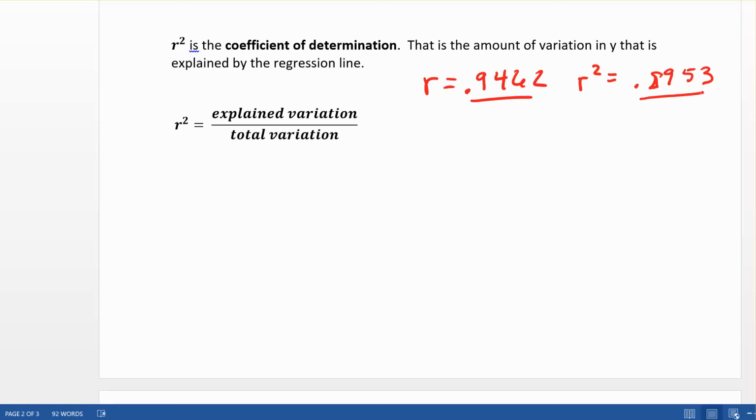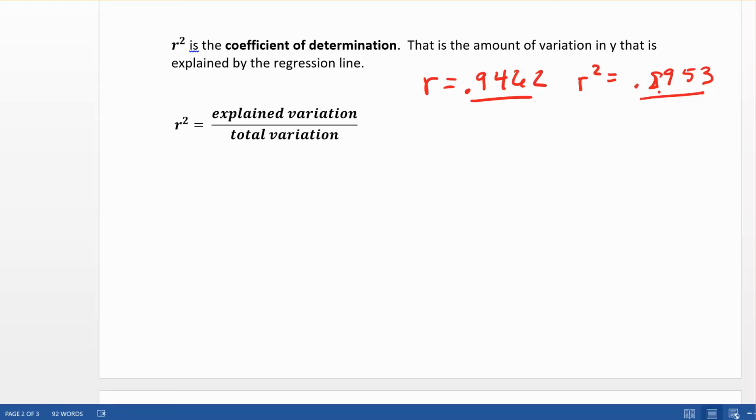And we looked at this a little bit and we said that 89% of the variation between our amounts of y was explained by the regression line, which would mean that a little more than 10% of the variation is not explained by the regression line. It happens just due to randomness in our sampling.